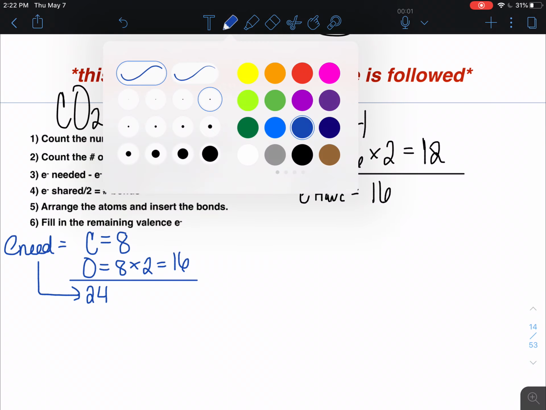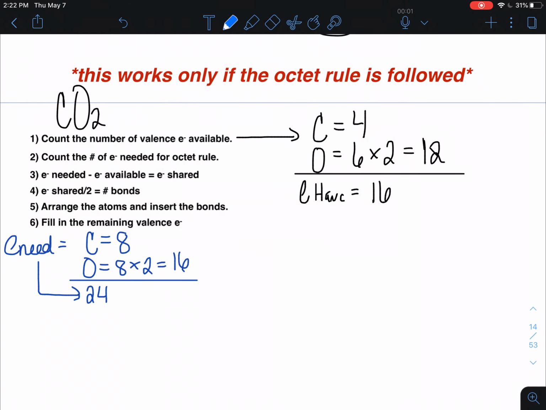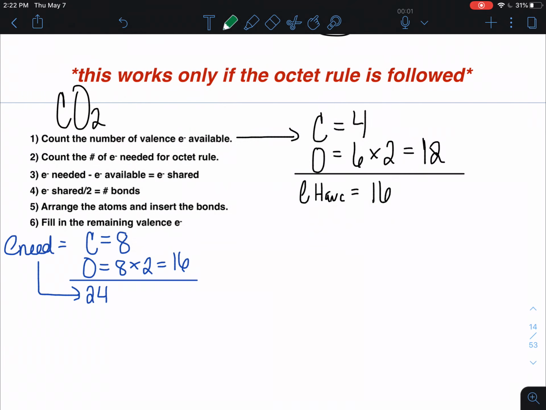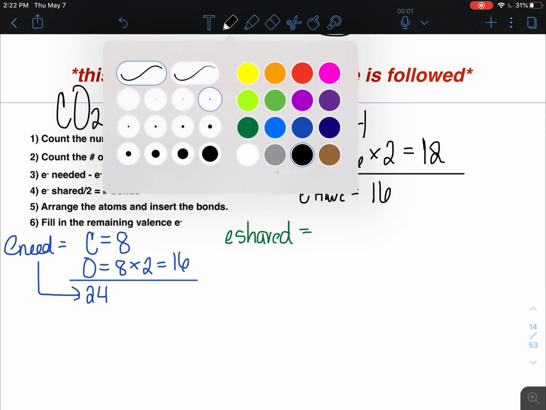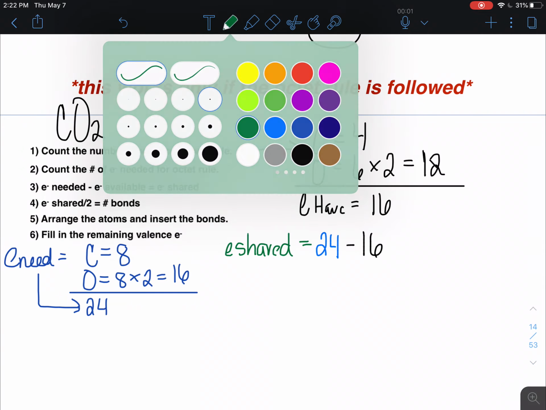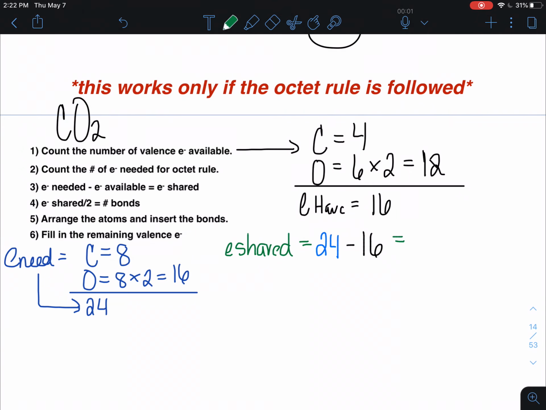Then we're going to calculate E shared. That is going to be equal to E need, which is 24, minus E have, which is 16. And that's going to give us 12.